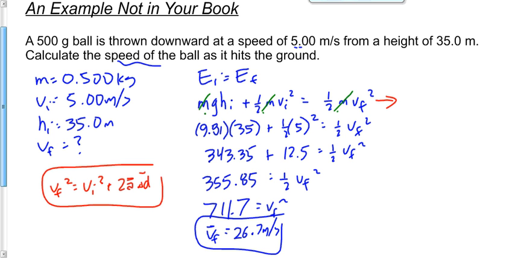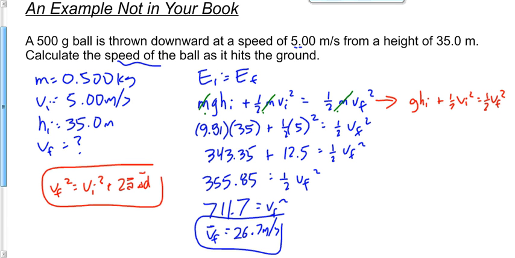Let's actually rearrange this. We've got gh initial plus 1/2 v initial squared equals 1/2 v final squared. Now you know that you can do whatever you want to a term here as long as you do it to every term. I can multiply each term by 16,112 or whatever I want as long as I do it to every term.